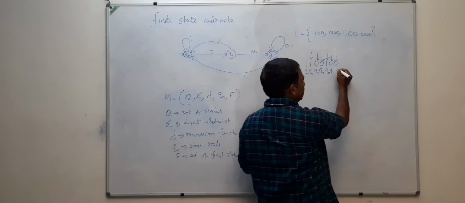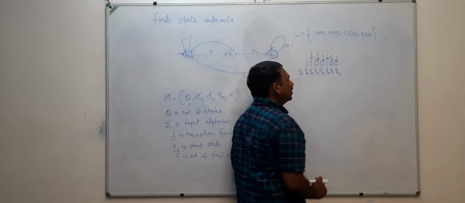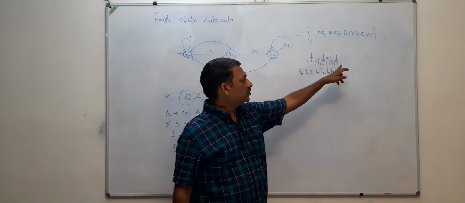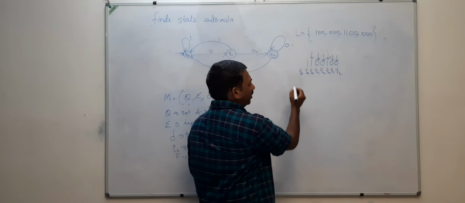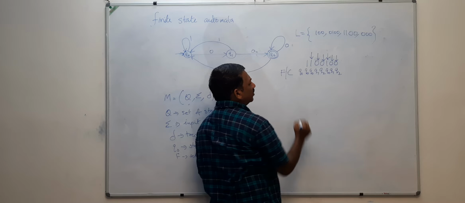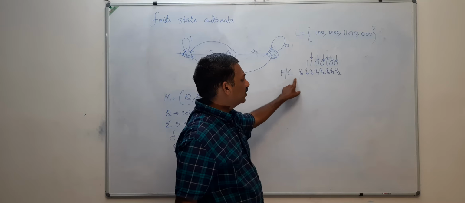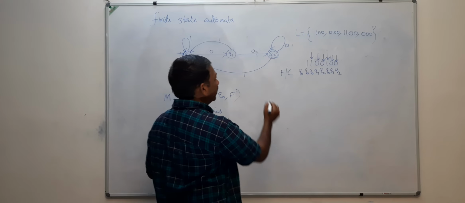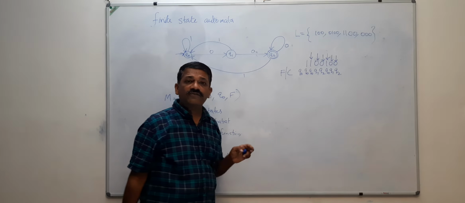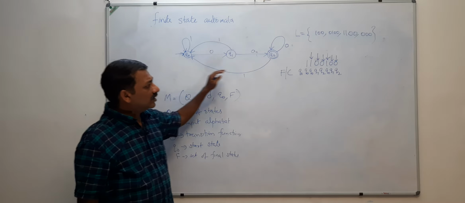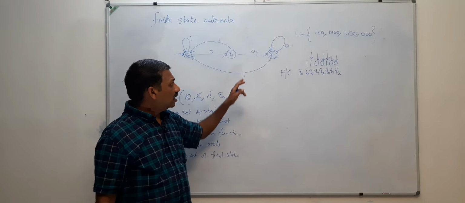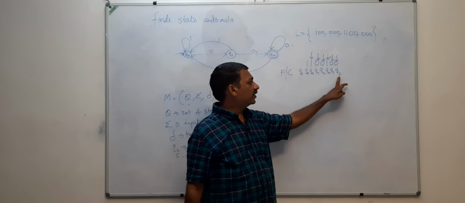It switches to state Q2. After processing all the input symbols, the finite control of the finite automaton reaches Q2, and the double circle node represents a final state. After processing the input string, the finite control reaches one of the final states.